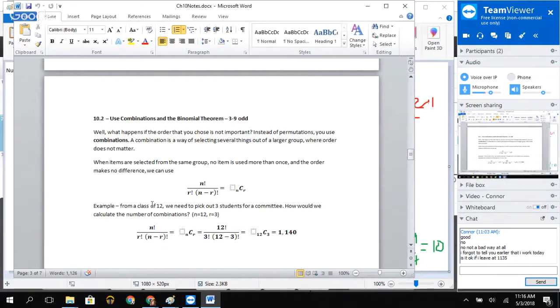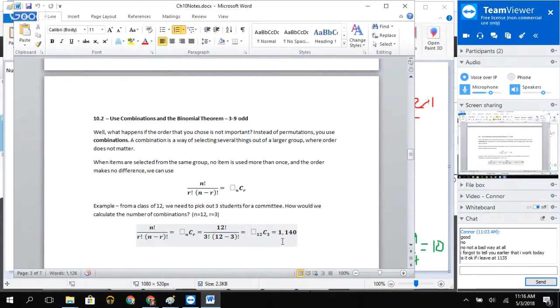So there's 12 students, right? We have to pick out 3 of them. So you can see here that we would put in 12 for the number of possibilities, right? We're choosing 3. So 3 goes in for our r. So 12 factorial over 3 factorial times 12 minus 3 factorial, or 12 choose 3.